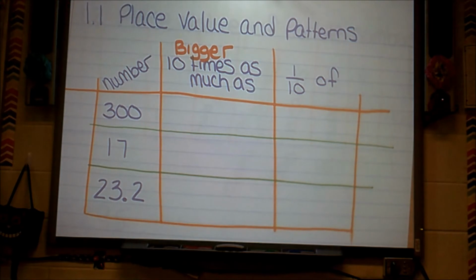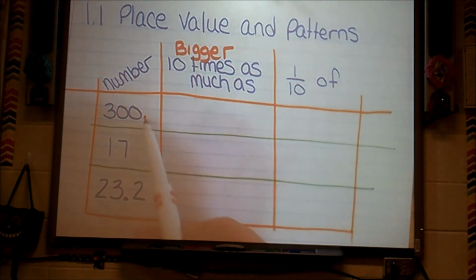First, I have to identify where my decimal is, though. I don't see a decimal on the number 300, but I do know that there is an invisible decimal that lives behind every whole number, right after 300. So to make my number bigger, I have to move one place value.